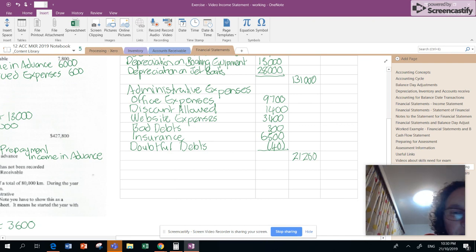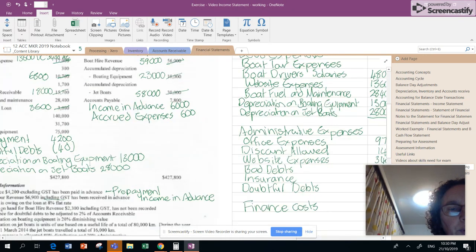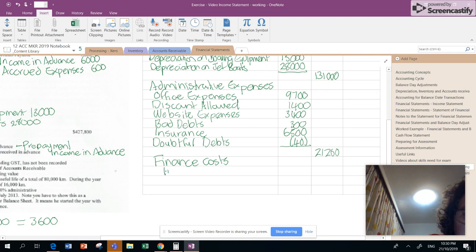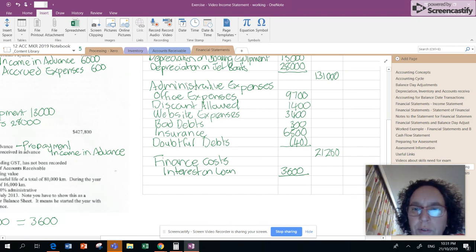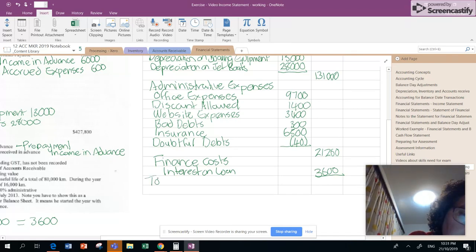Now, our last one is our finance costs. So this is really just our interest. And we've got interest on loan of $3,600. Right, so we're going to pop that straight through to the second column, and then we're going to add up all our expenses to get our total expenses.